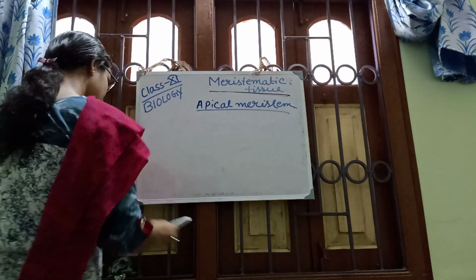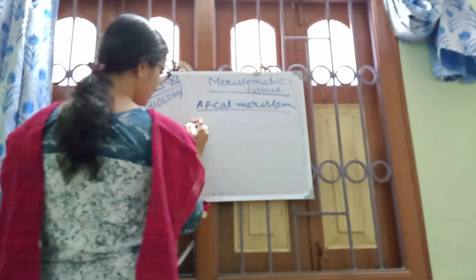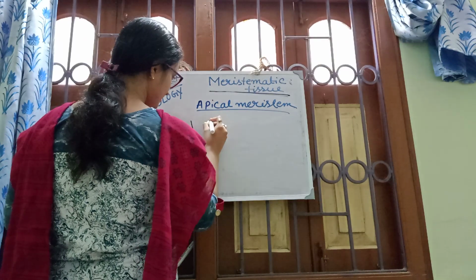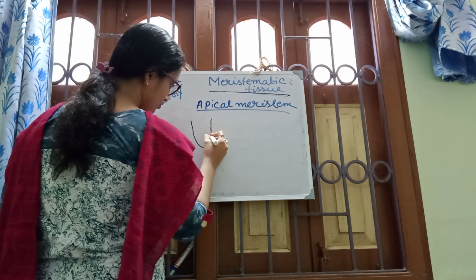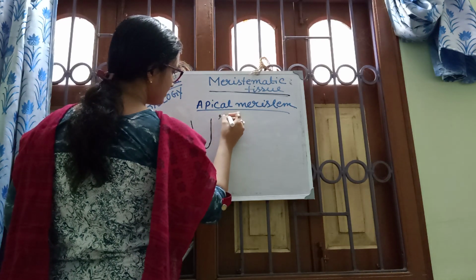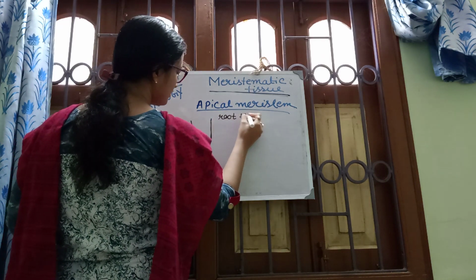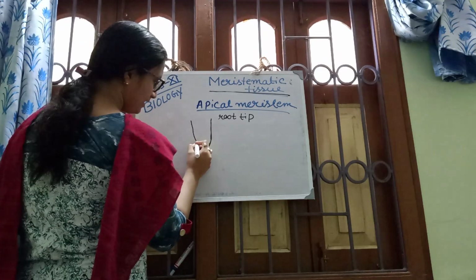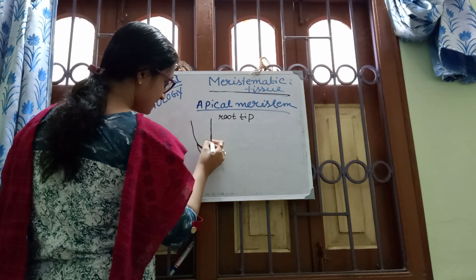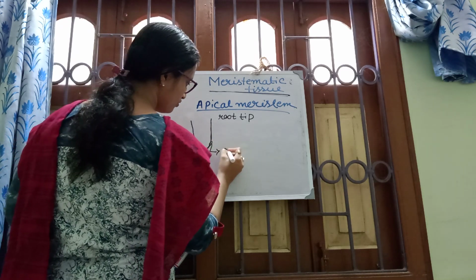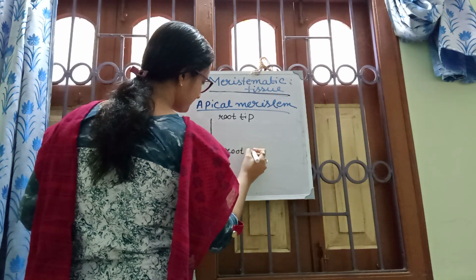If I draw the structure of the root, you can see here this is the root tip. In front of the root tip, the root cap is present.